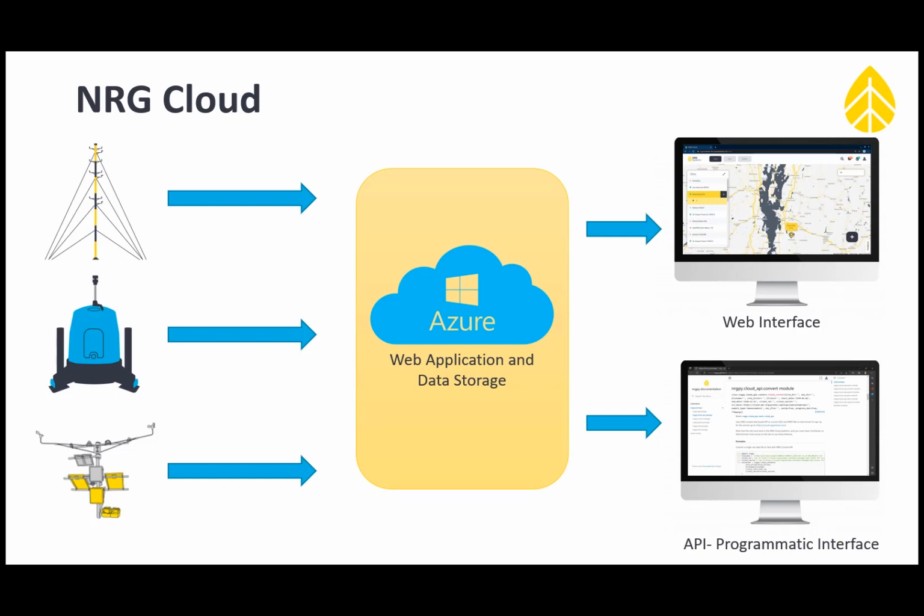The devices on that tower, on the SRA system and the ZX LiDAR can send data to NRG Cloud daily. When that data gets sent to us via email daily, we then take that and, through harnessing the power of Microsoft Azure, we can store it in a cloud environment.